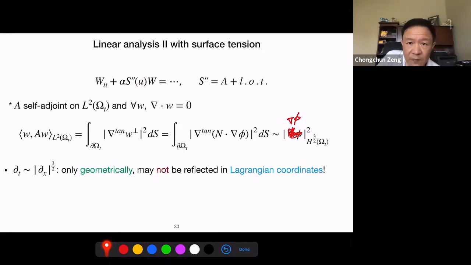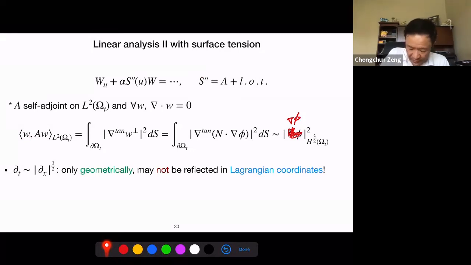And if this vector field W is only rotational, it only causes internal rotation, then the surface area wouldn't change. And so this functional does not act on those kind of rotational vector fields. Then it does not have any control at all.